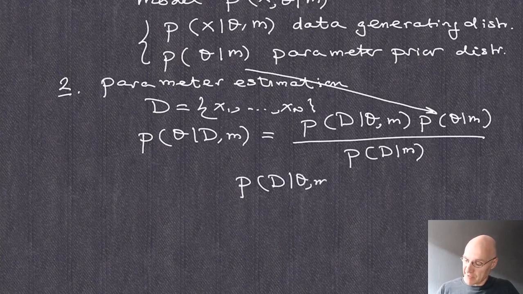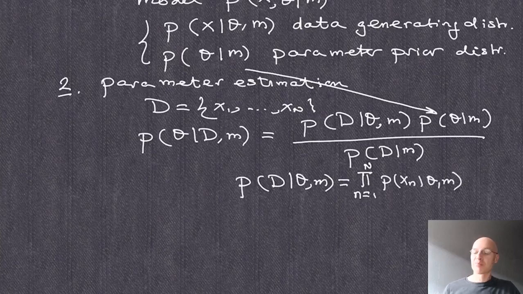given theta and m. Well, if you make coin tosses, these coin tosses are independent, right? The outcome of the fourth coin toss doesn't depend on the outcome of the third or the fifth. So in that case, the probability distribution for the whole data set is just the product of the probabilities of outcomes for each individual throw.